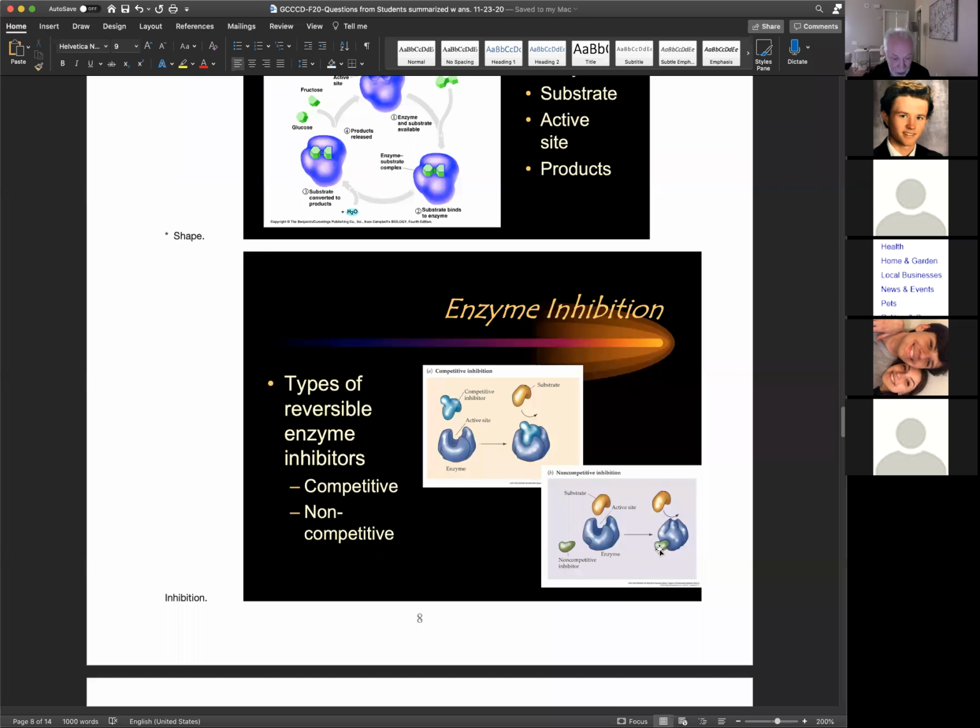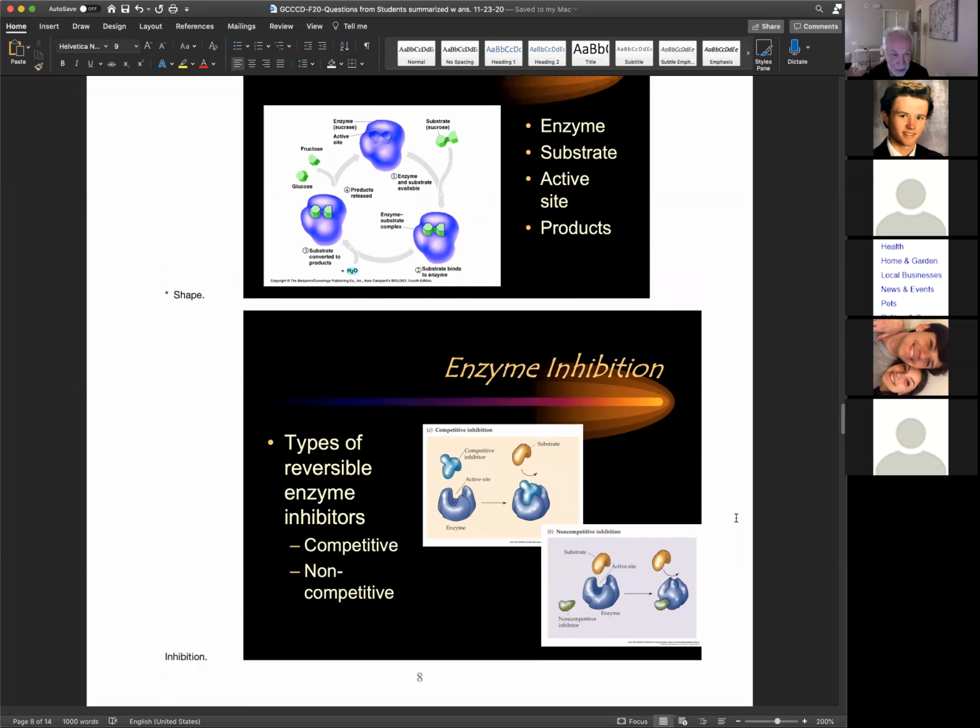So as long as that inhibitor is attached, the enzyme is the wrong shape, the substrate can't fit, and there is no reaction. So if in a mixture half the enzymes were inhibited and half were not, then the reaction rate would be half speed, because only half of the enzymes are working. So is that clear? There were several questions about inhibition.